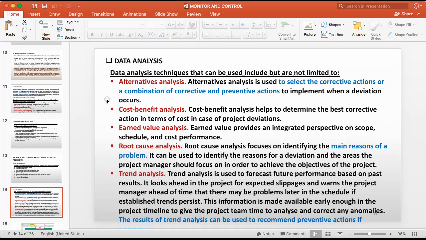A cost benefit analysis is a financial analysis tool used to estimate the strengths and weaknesses of alternatives in order to determine the best alternative in terms of benefit provided. So a cost benefit analysis will help the project manager determine if the plan quality. This is some different explanation. I will let you know that one.